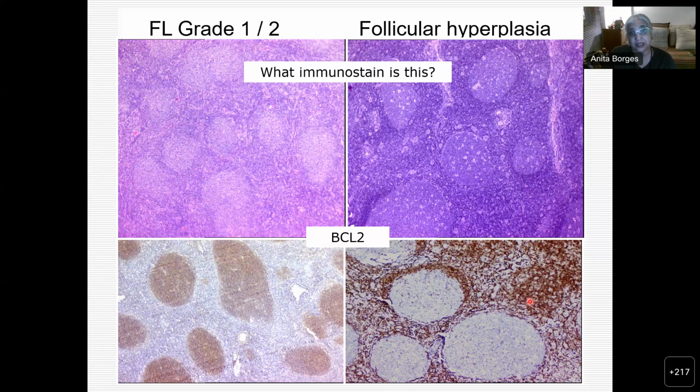There is another stain that is important and many people don't use it. And that is Ki67. Okay. If you use Ki67, which is a proliferation labeling index, you will find that it's very high in follicular hyperplasia, because this is where proliferation is going on.